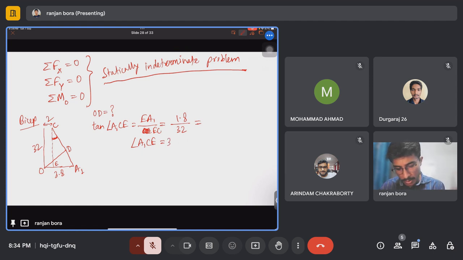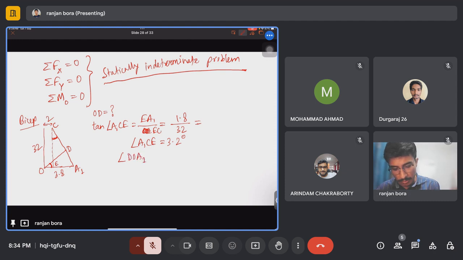Okay, it is 3.2 degrees. So if it is 3.2, then this angle will also be 3.2.